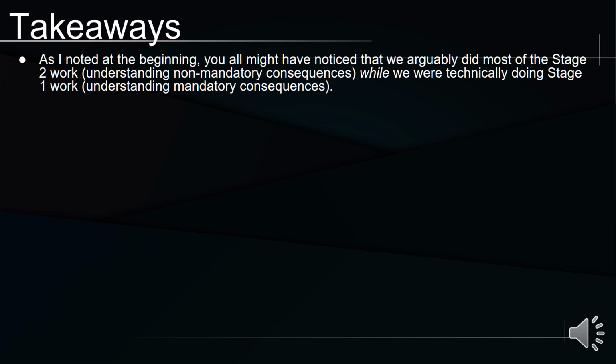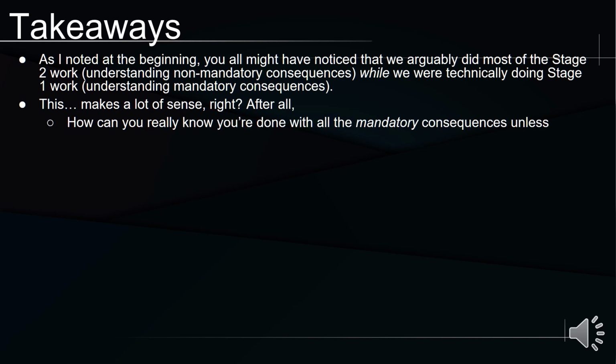So that brings us to the closing section here. The takeaways from today. As I noted at the beginning, you all might have noticed that we arguably did most of the stage 2 work, which is understanding the non-mandatory consequences, while we were technically doing the stage 1 work, understanding mandatory consequences. This makes a lot of sense, right?